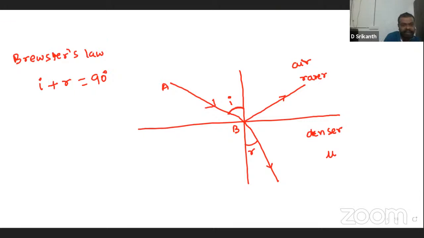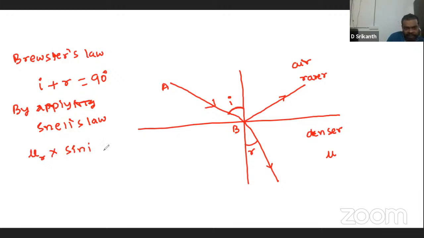So by applying Snell's law, we can write mu r into sin I is equal to mu d times sin r. Since the rarer medium I consider as air, 1 into sin I is equal to mu times sin r, as the denser medium has refractive index mu.